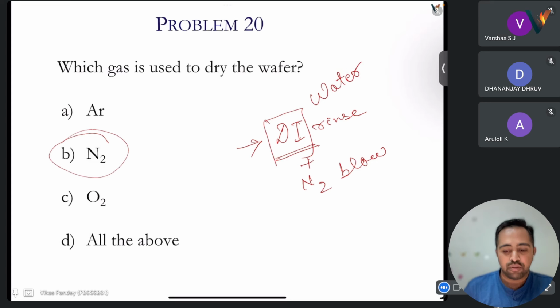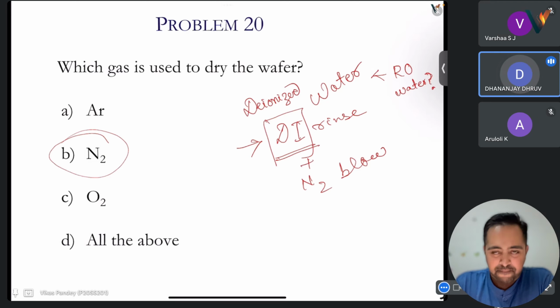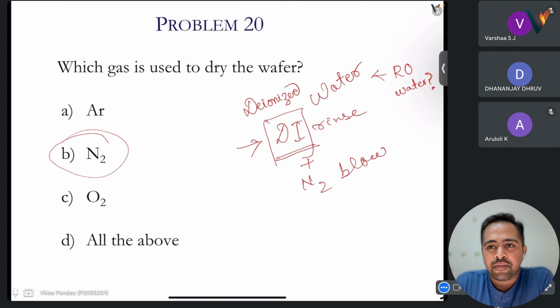deionized water? Anyone knows? Is it the RO water or something else? I think it's a double distill, but I'm not sure about. Okay. Anyone else?